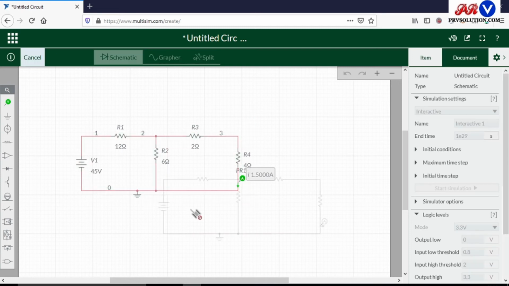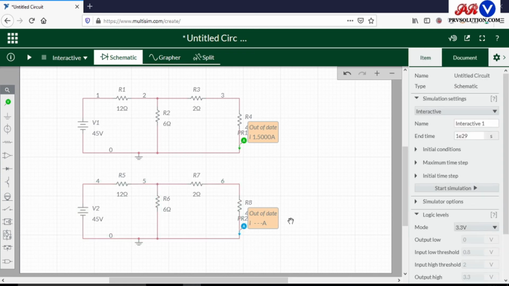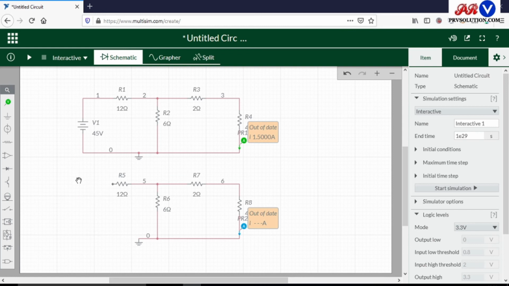Copy, paste. Now remove this and make a short here.